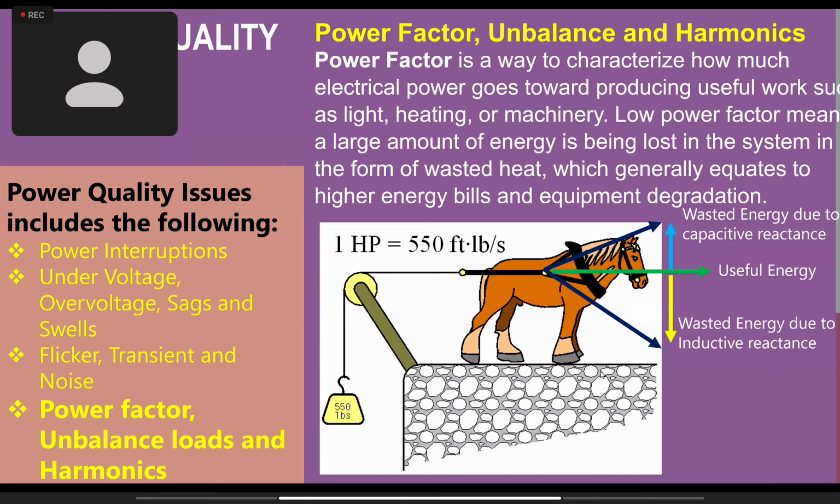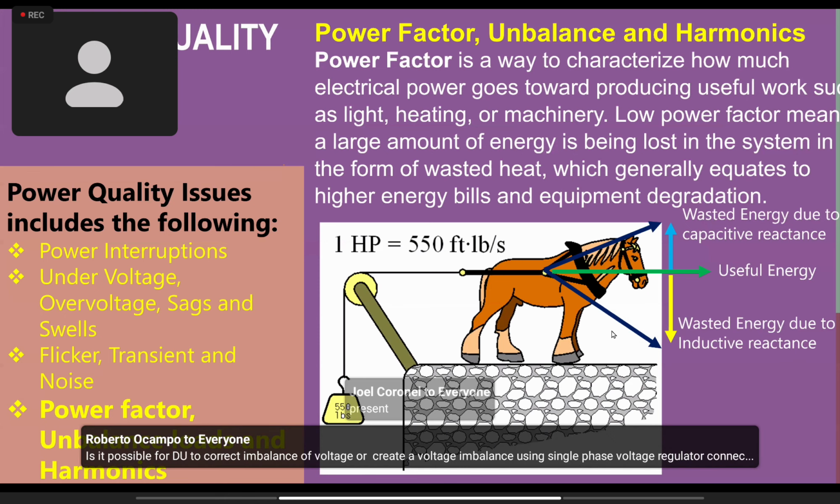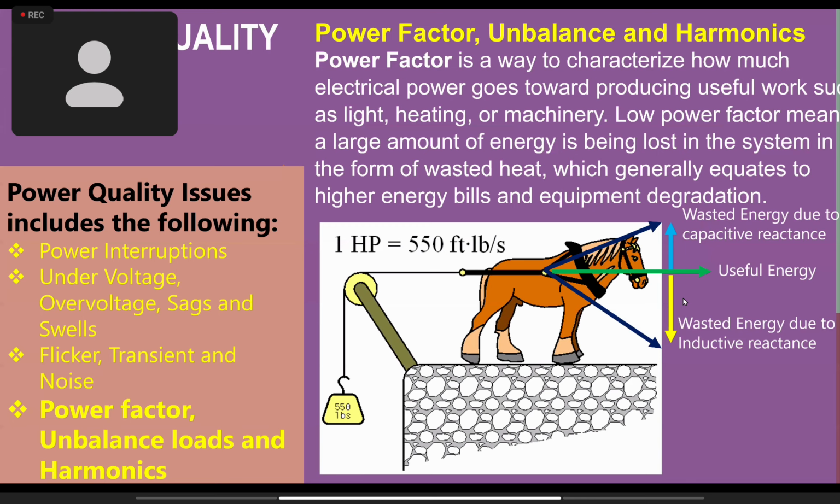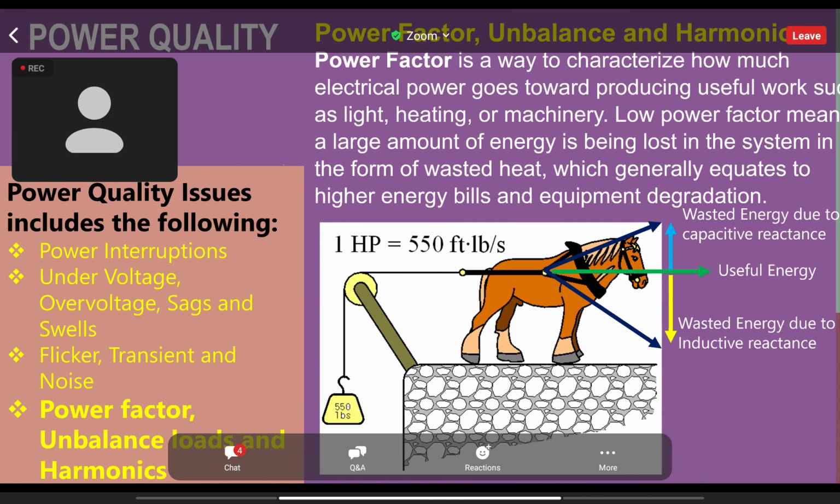So meron tayong cases wherein there is an energy required to overcome the capacitive reactance, and there are also cases wherein there is an energy required to overcome the inductive reactance of the system. Because of that, the useful work is not anymore equal to 1 horsepower. Maybe this is around 0.7 horsepower or 0.75 horsepower or 0.5 horsepower. Depends on the reactance that the horse will need to overcome in order to perform the work required.